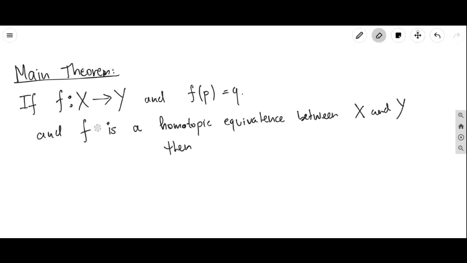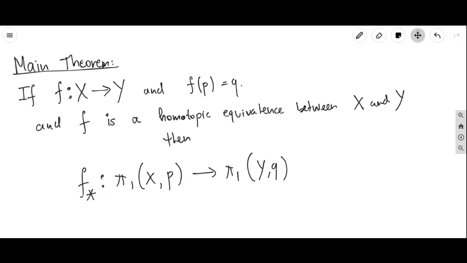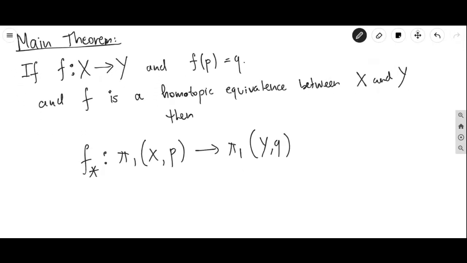Then when you have a continuous map, the continuous map induces a homomorphism on fundamental groups. So you're going to have a homomorphism on your fundamental groups, and this homomorphism on fundamental groups is an isomorphism. So this is going to be an isomorphism.